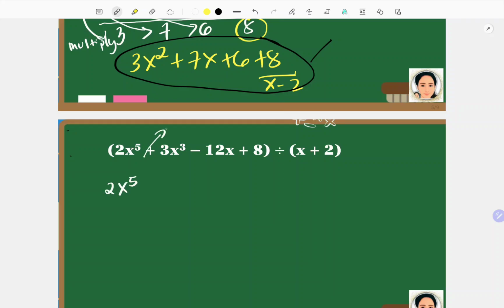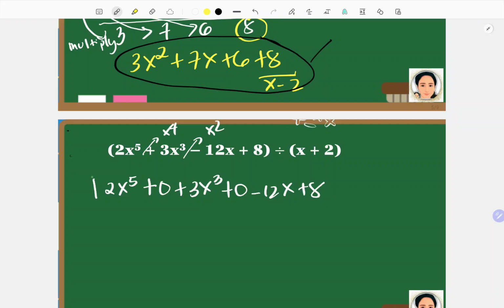And we have no x to the 4th, so just represent it by 0. Then, plus 3x cubed. Again, we have no x squared, just write 0. Then, negative 12x plus 8. So you can see the exponents, we have 5, 3, 1.